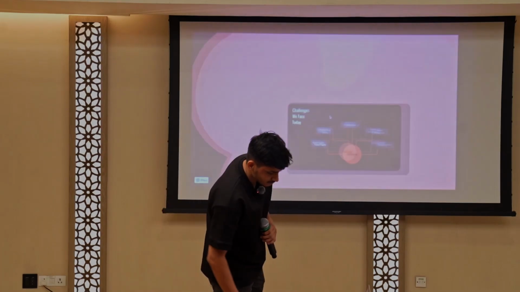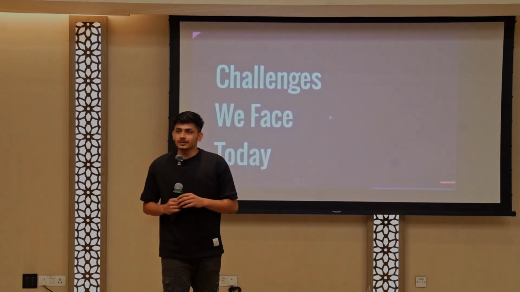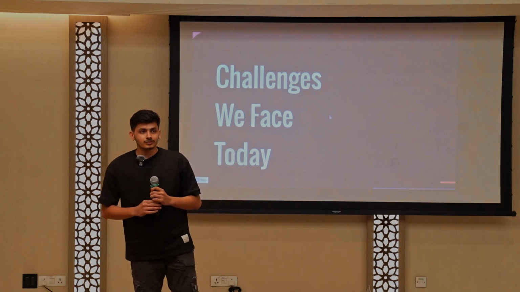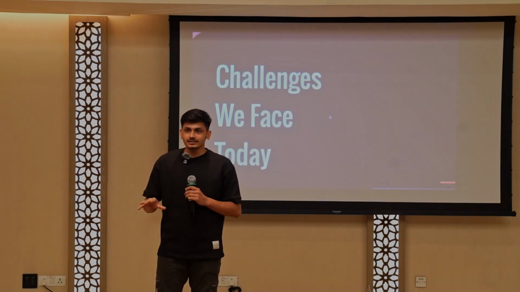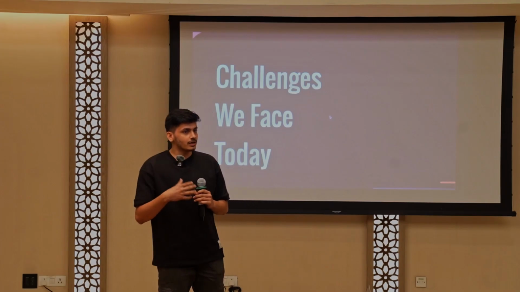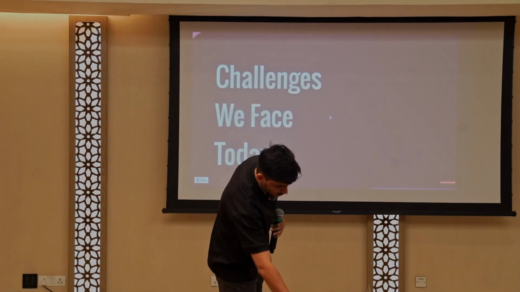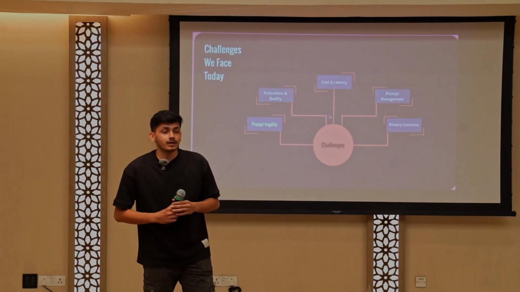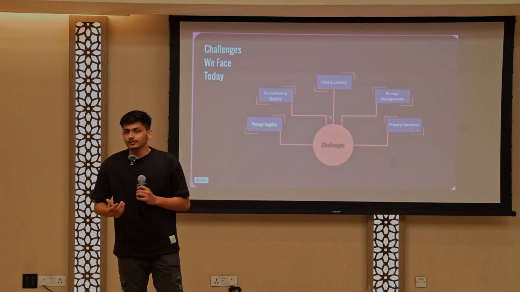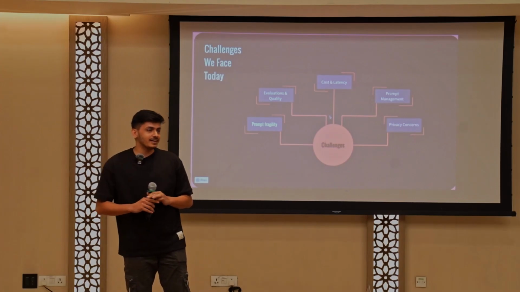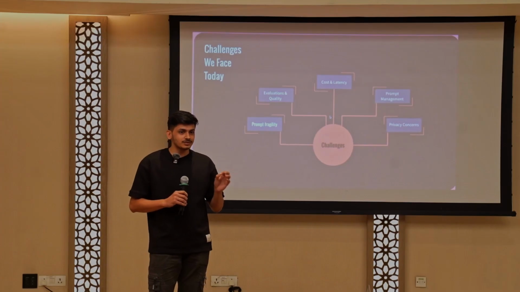So let's start with some of the challenges we face today. These are some of the basic challenges you can face in your LLM feature. Starting with prompt fragility. Everyone knows that in an LLM application, prompts are the most important thing.